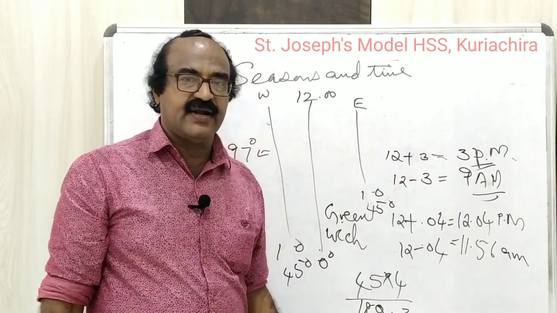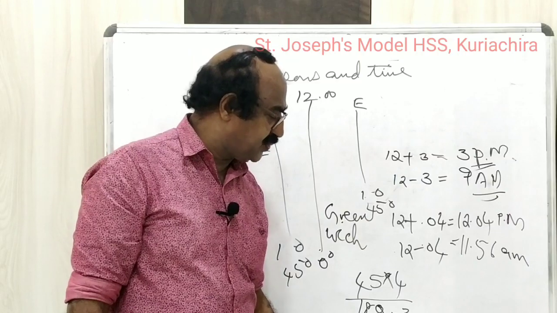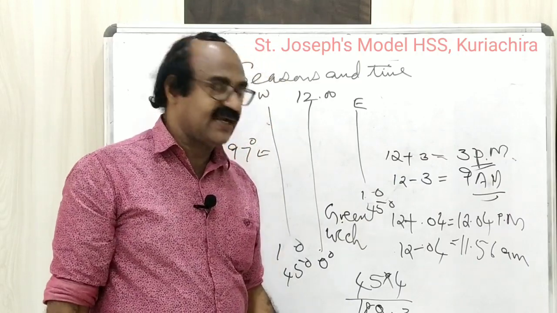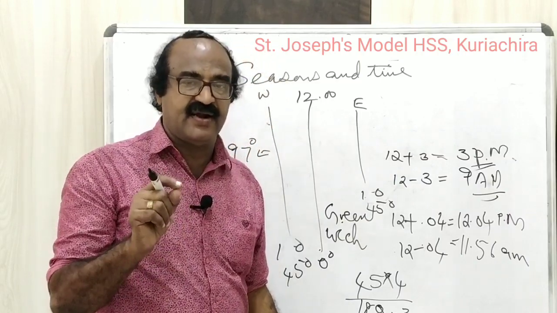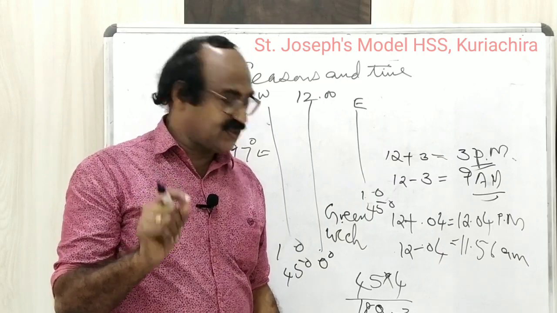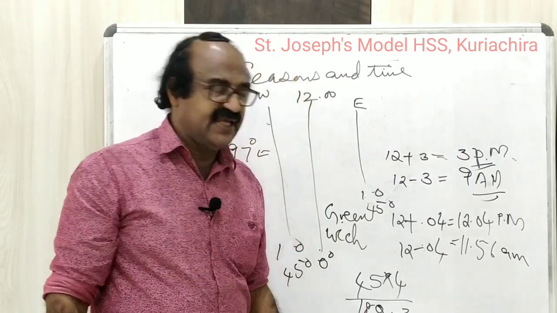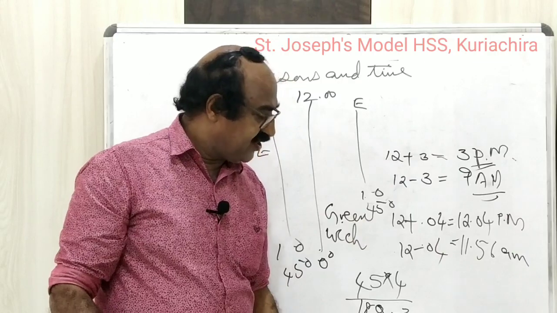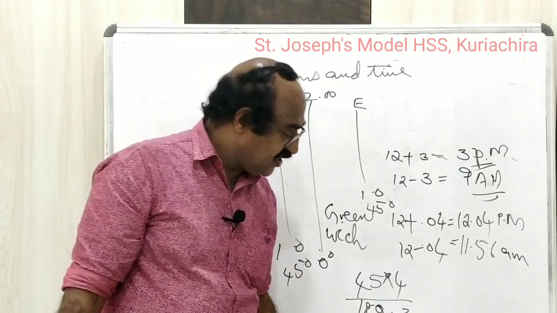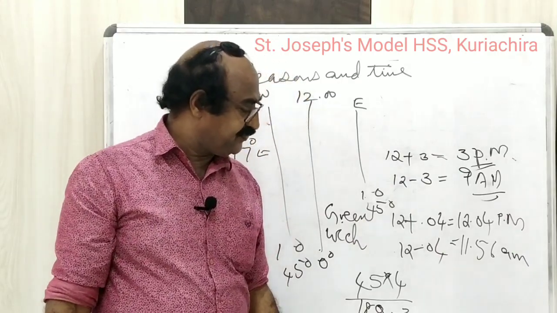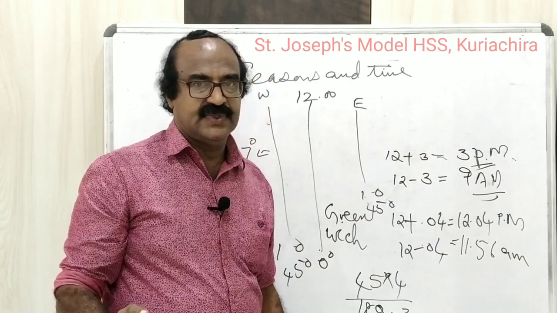if the 180 degree longitude passes through a country, the places situated east and west will have 2 different days.